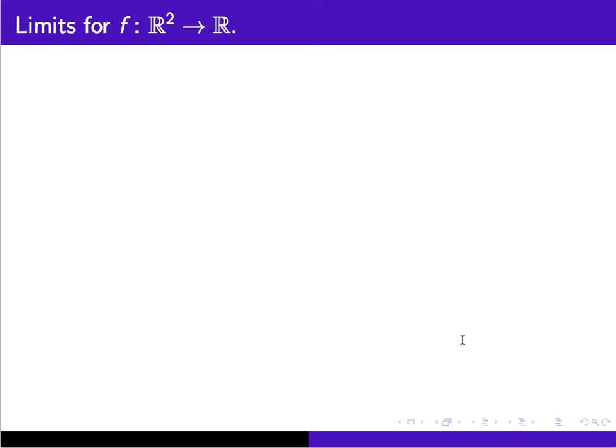All right, let's look at an example to see how this actually works. The claim is that the limit as (x,y) goes to (0,0) of x plus 3y is 0.